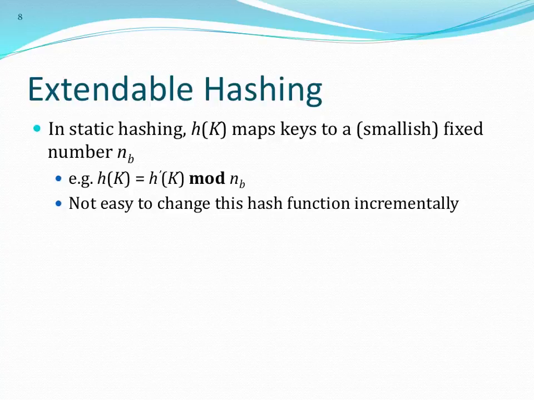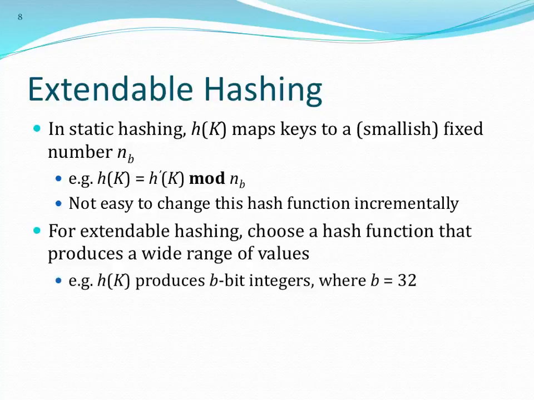That maps it to a specific bucket number. And as it says here, it's not very easy to change this hash function incrementally, and that's really the problem: we can't take this hash function and change it just a little bit so that now we have one more bucket or two more buckets. This is why we can't easily update our hashes incrementally.